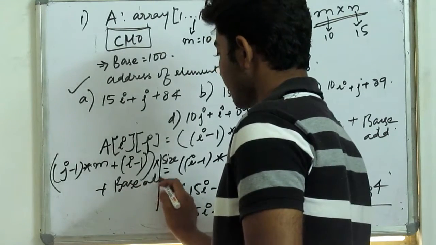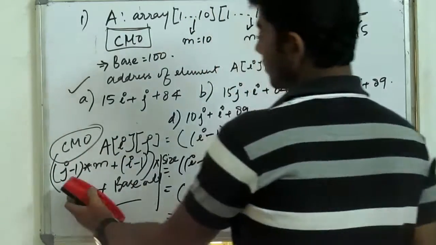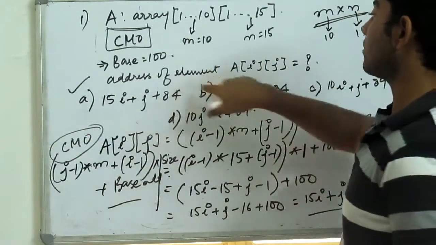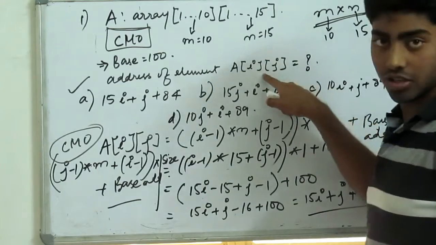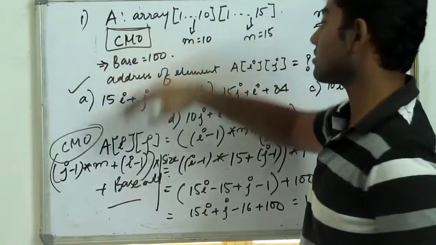This is for column major order. Using this formula you can easily derive the address of the element a[i][j] if it is given as column major order.